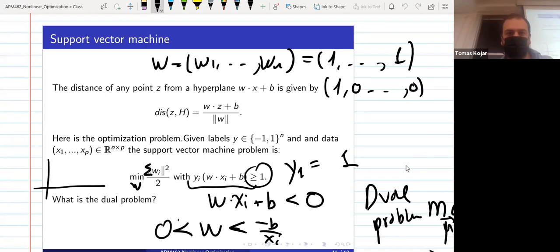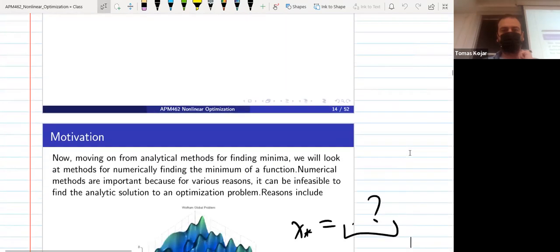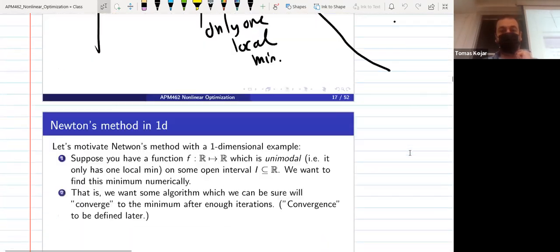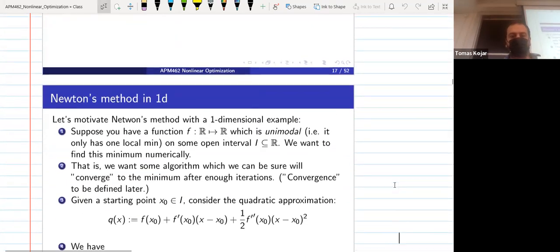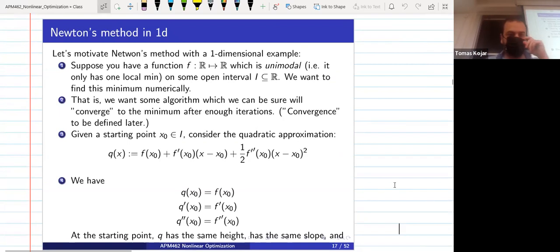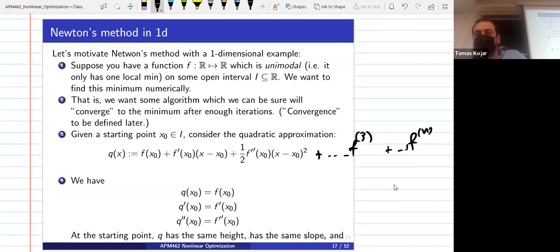All right, let's go. So, Newton's method. Again, the basis of this result, known since Newton's time, in the 1600s, is that if you keep adding more terms, like f cubed and so on, this will converge to f of x.